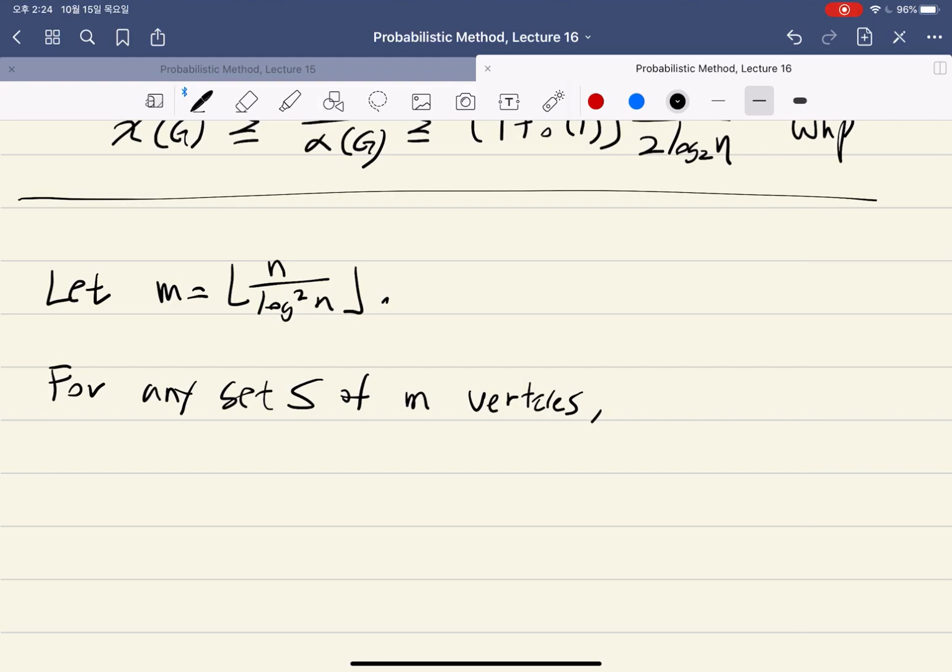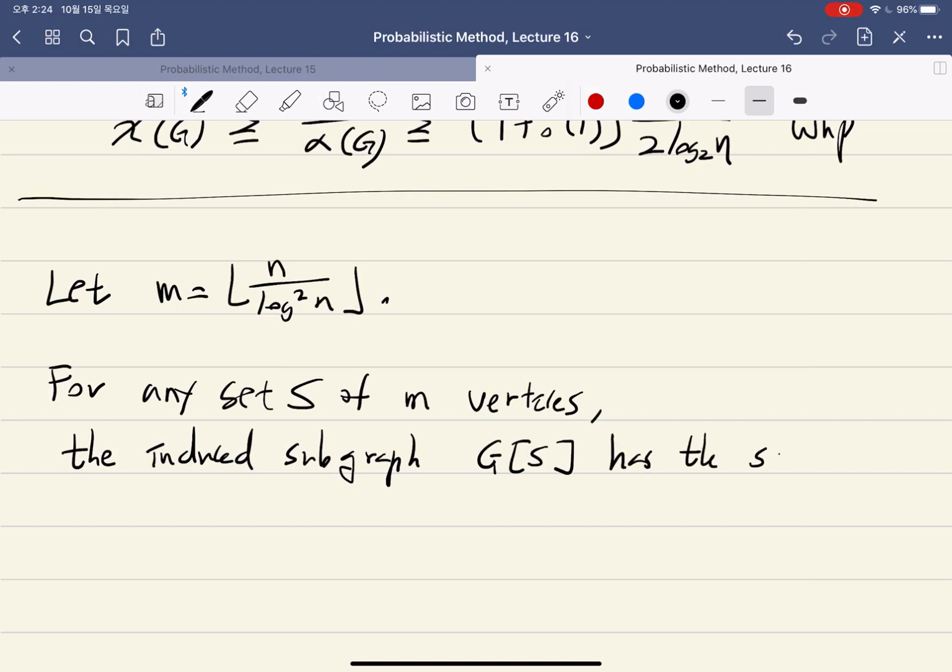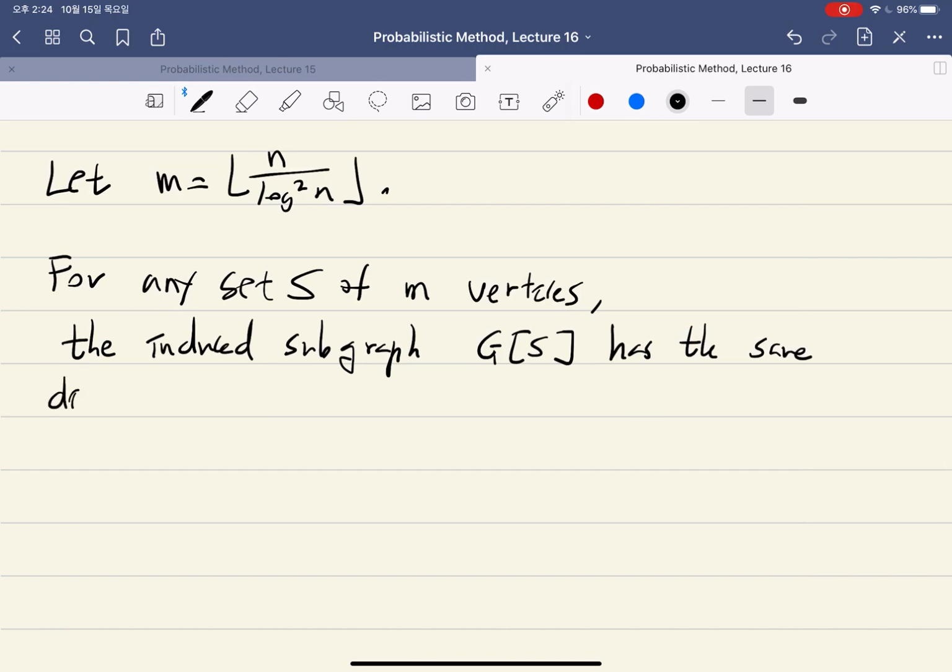For that, we want to study the subgraph induced by this S. Say G[S], we know that this has the same distribution as G(m, 1/2).